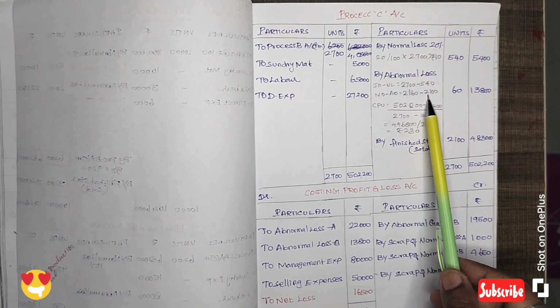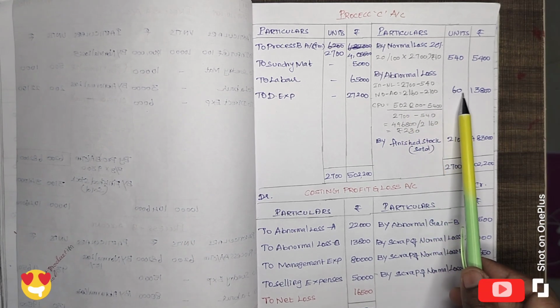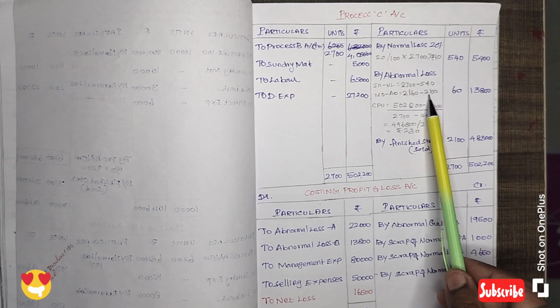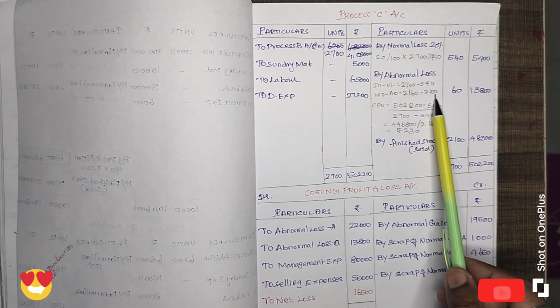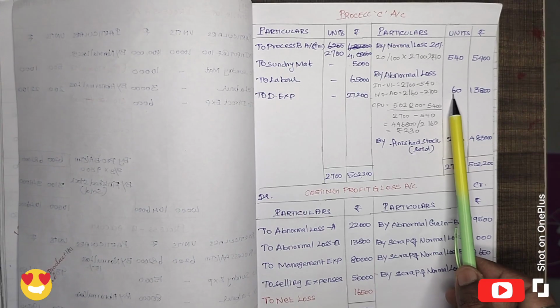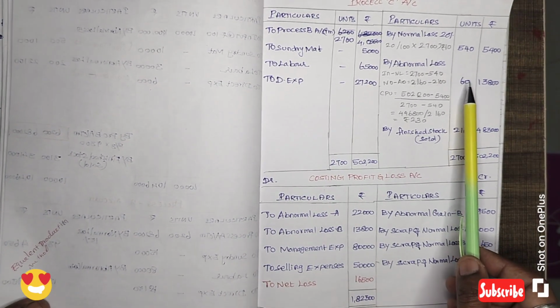It will be subtracted from the actual output of process C given in the question, 2,100 units. After subtracting you will get 60 units. If the actual output is lesser than the normal output, it will be treated as abnormal loss. So here the abnormal loss is 60 units.